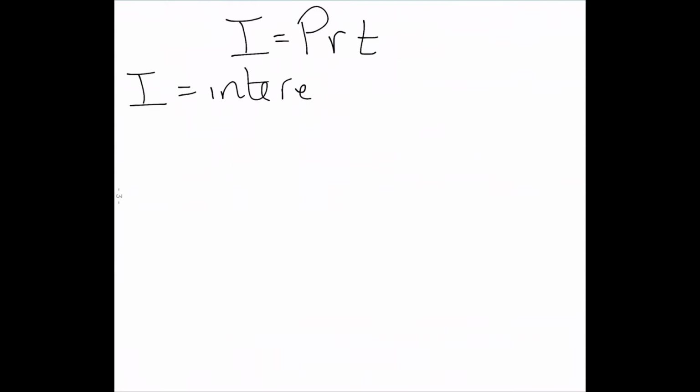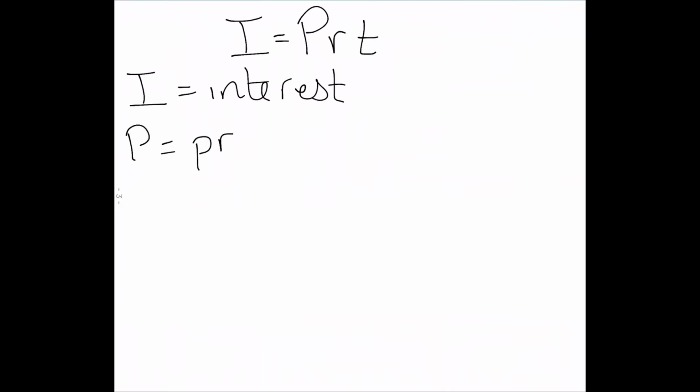Sometimes in equations, it's helpful to already know formulas. And one of the most basic ones that we have is interest. Anytime we're borrowing money, we have to pay back the amount plus interest. There are a few ways this is calculated, but the most basic type is simple interest. And here's our formula, I equals PRT. I is the amount of interest.